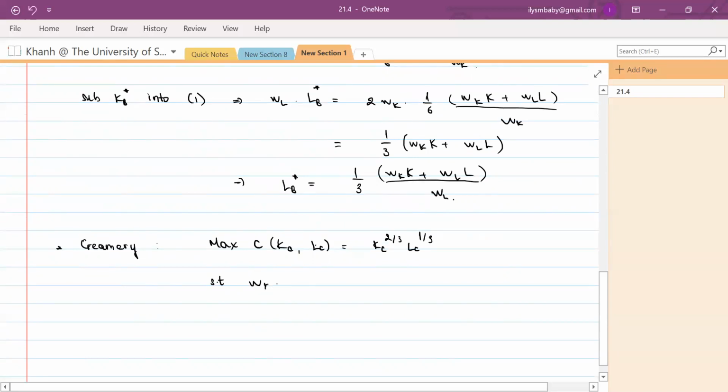So again, WK times KC plus WL times LC has to be equal to WK times K plus WL times L, the greenery again being given half of the initial endowment.